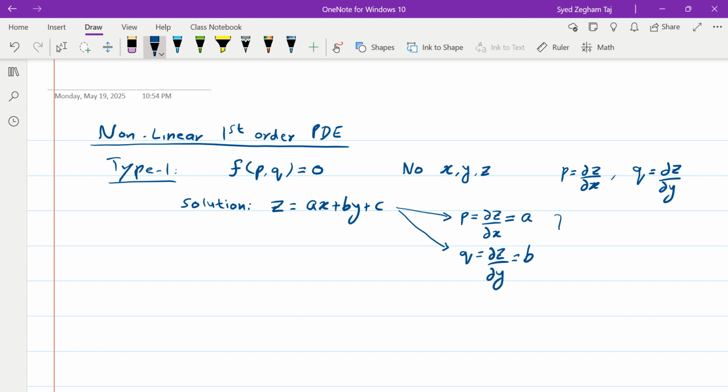So what you are getting from here is that our p is the same as a and our q is the same as b. Now this relationship will be useful for us.